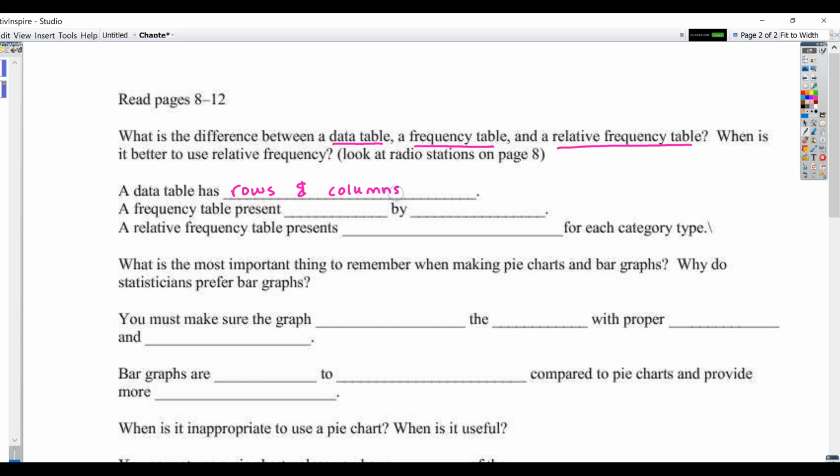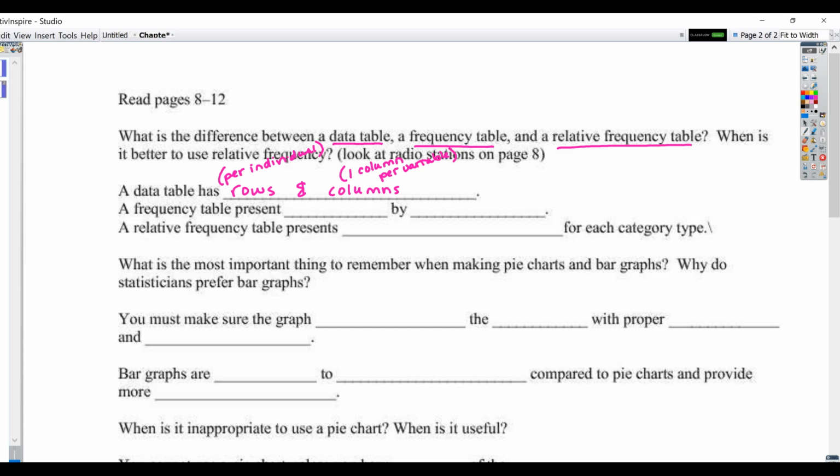If you want to think of it like this, there's one row per individual. That kind of helps you think through everything. And the columns, it will be one column per variable. That is a data table.